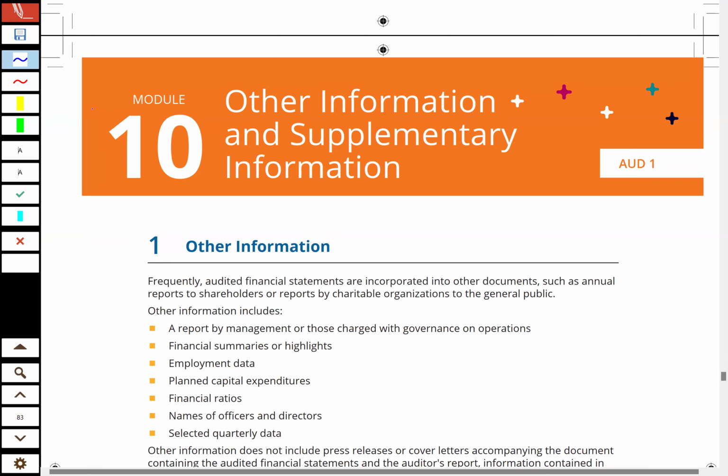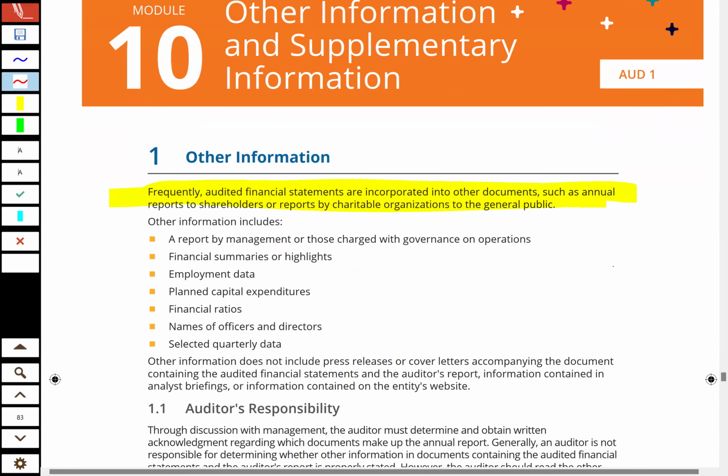Now we say here that frequently audited financial statements are incorporated into other documents such as an annual report. Let's do a little picture here. This is what happens. You have the financial statements, and we know that the auditor has an opinion on those financial statements. The auditor's opinion is on the financial statements. Now, what happens?